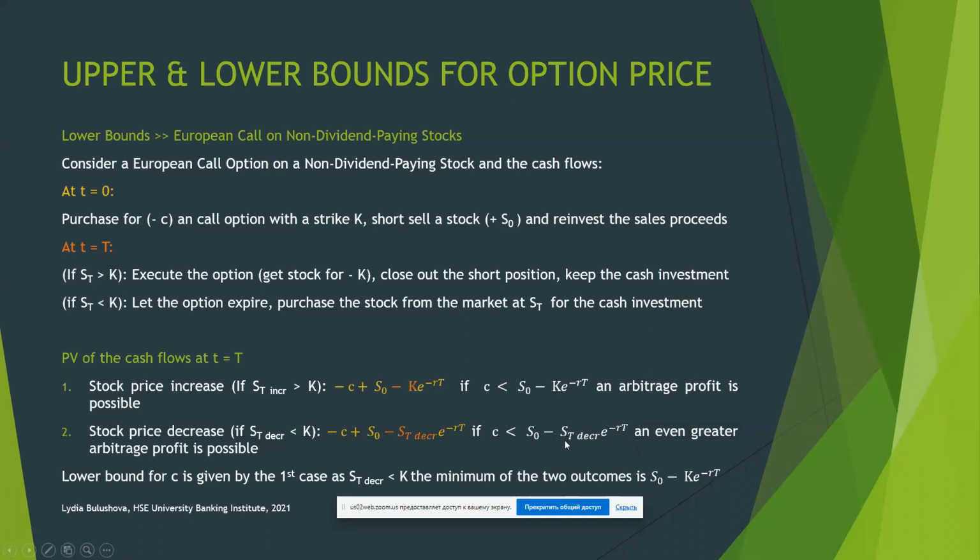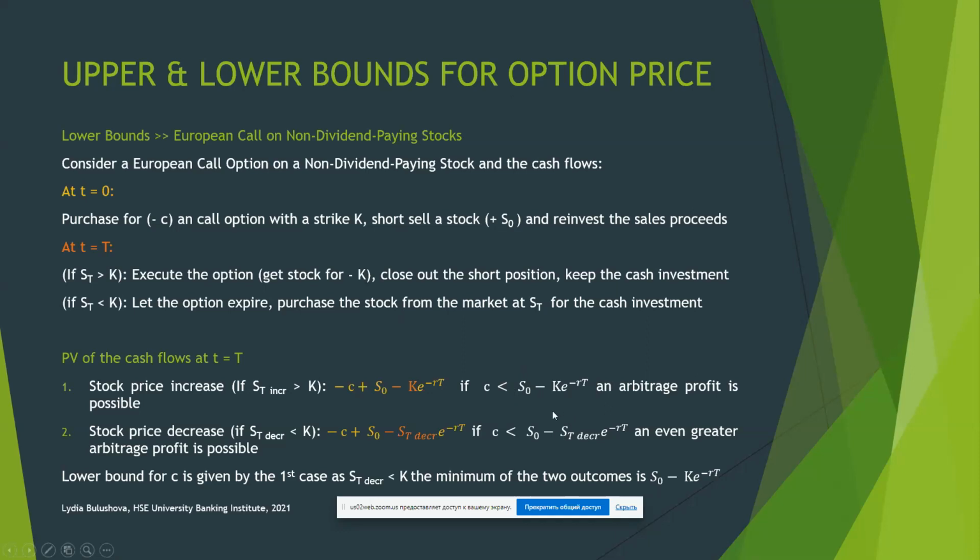So look, in this case, we've got a stock price decrease. In this case, we have a stock price increase. And in both cases, we can say that what we have on the right-hand side looks like a price limit.